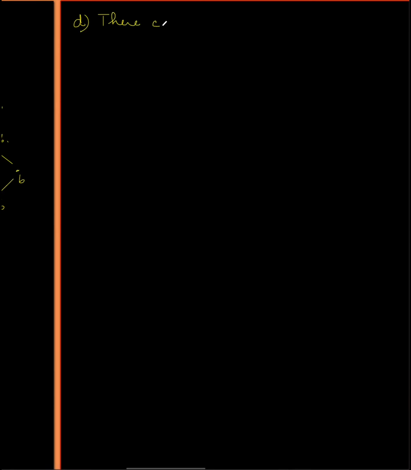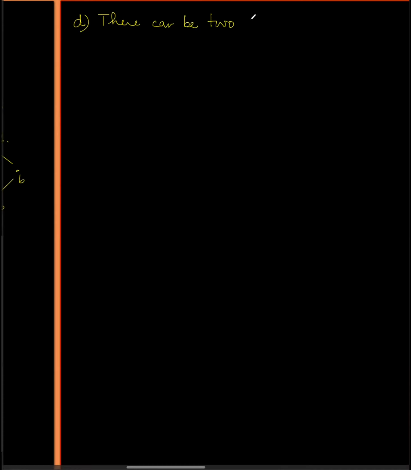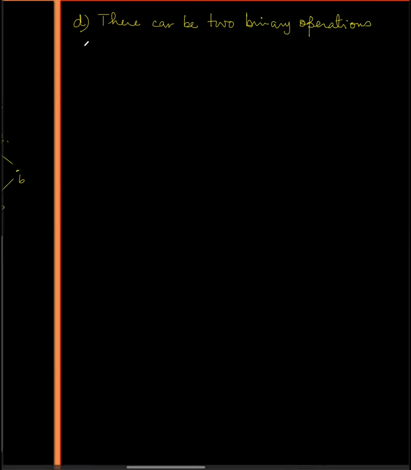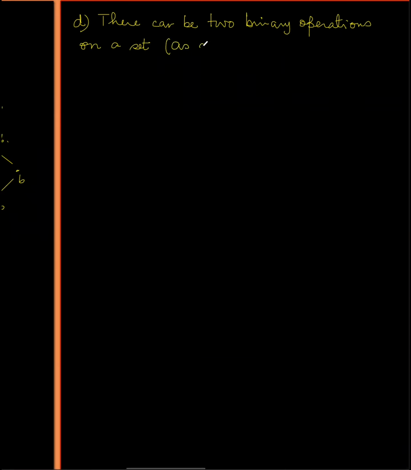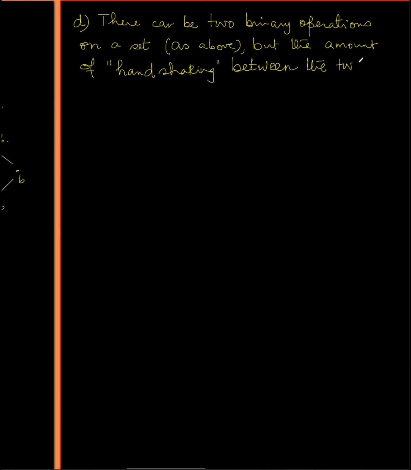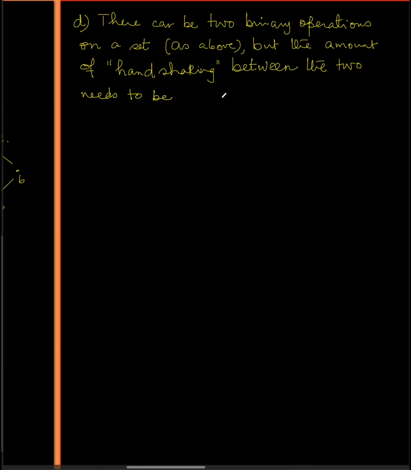There can be two binary operations on a set as above, but the amount of handshaking needs to be restricted.